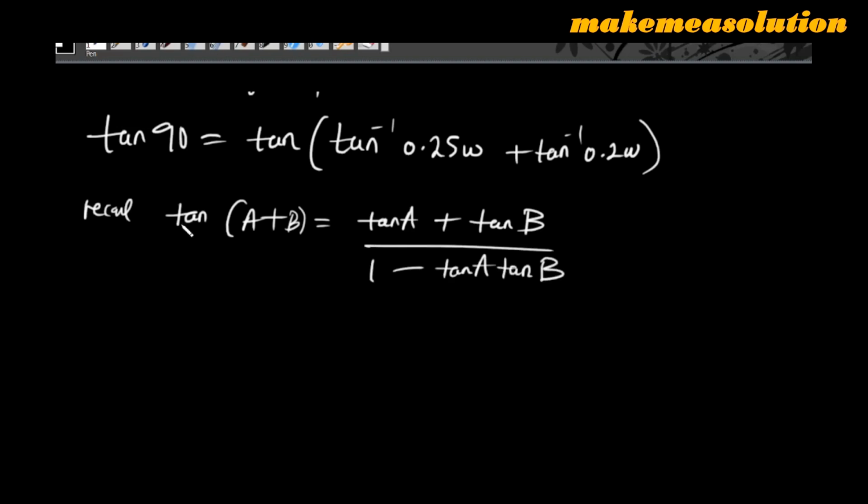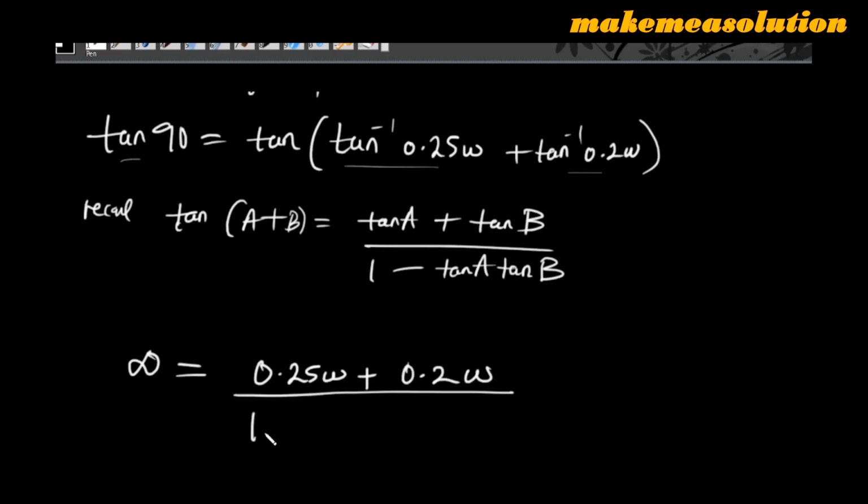This is an identity in mathematics. So tan 90 becomes infinity. Then tan A is 0.25 omega, plus tan B which is 0.2 omega, all divided by 1 minus 0.25 omega times 0.2 omega.